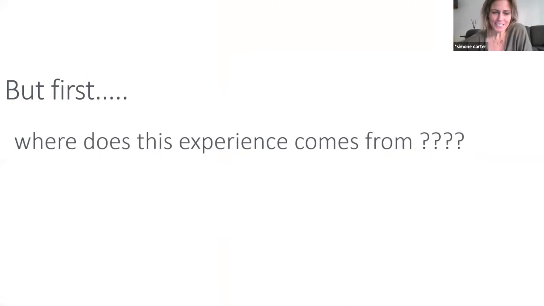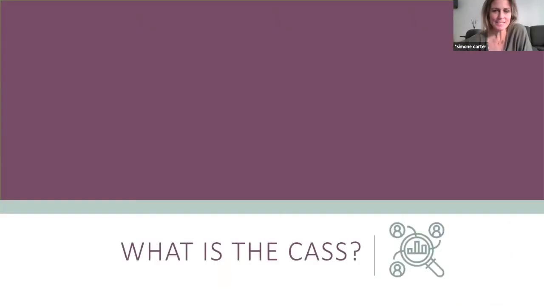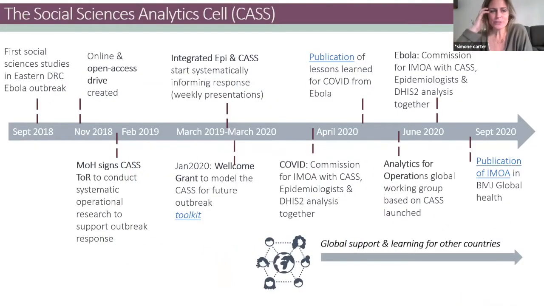But first, I just want to put a little plug in for where this experience comes from, and what the CAS is. The Social Sciences Analytics Cell is the first platform cell to provide systematic research in an outbreak. We came in September 2018, and this happened organically.